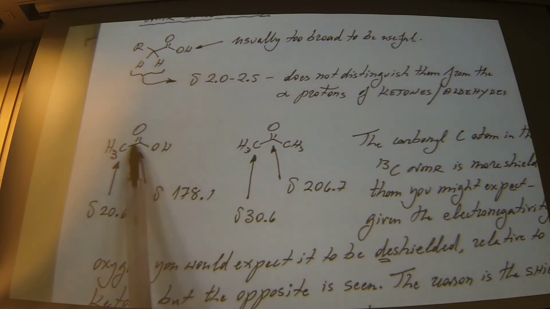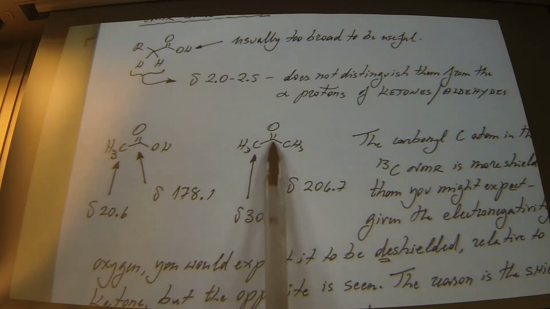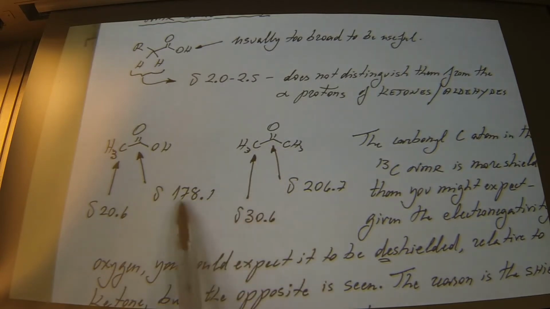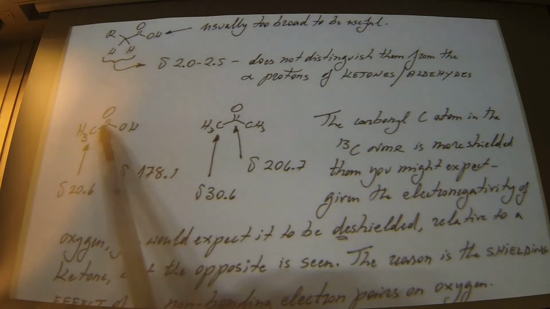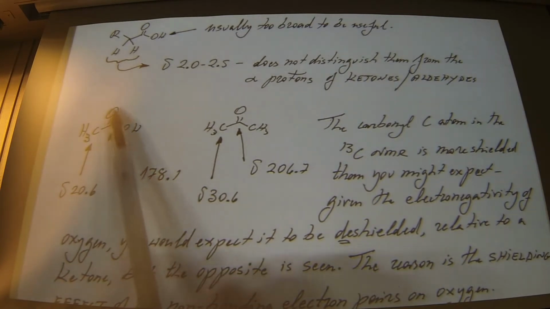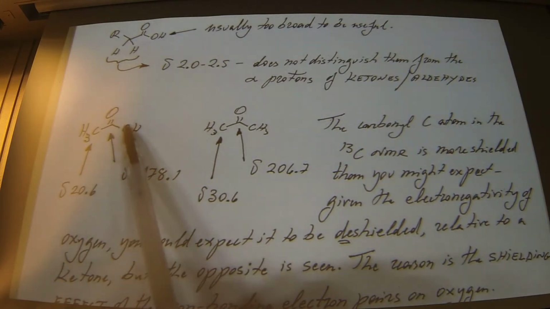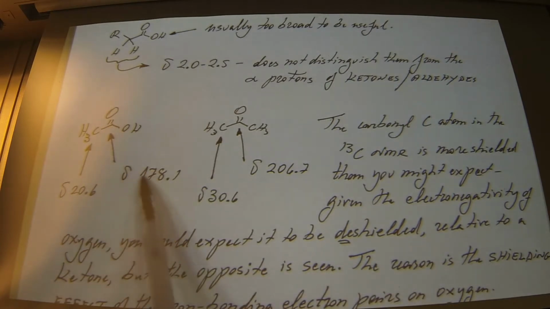In other words, notice that the carbonyl here is at much lower ppm, lower frequency, than for a ketone. And the reason, now this seems a bit screwy, because you think, well, okay, I have a carbonyl here, it's bonded to two oxygens. The oxygens are electronegative compared to carbon, and so the inductive effect really should be pushing the chemical shift in the opposite direction.